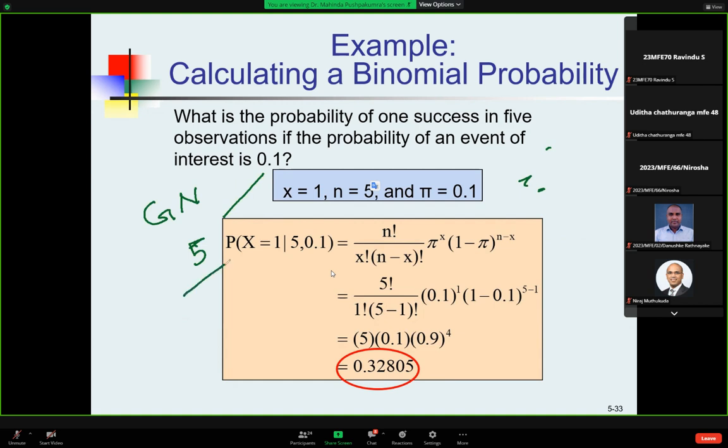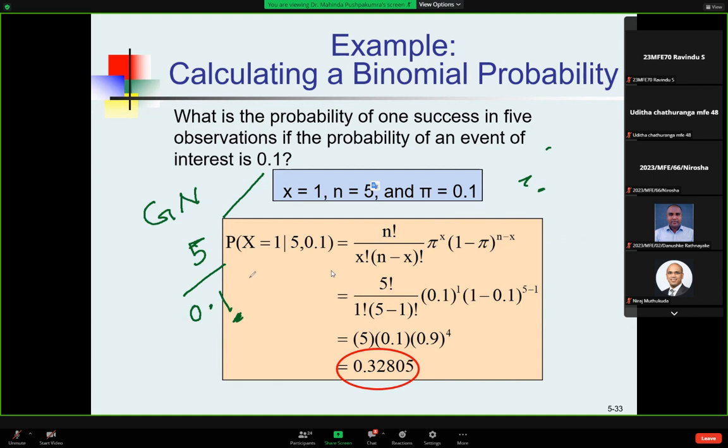The probability that the GN is at his office is 0.1, because he is going throughout his area. He is not available at the office every time, so let's assume the probability is 0.1.